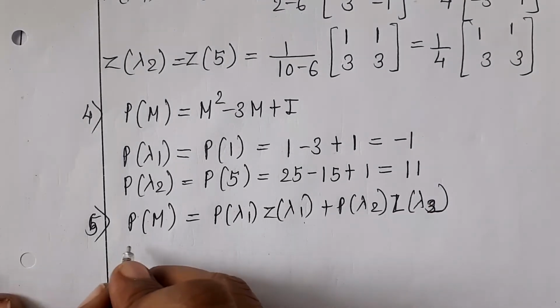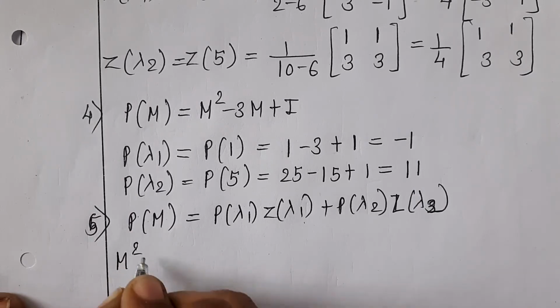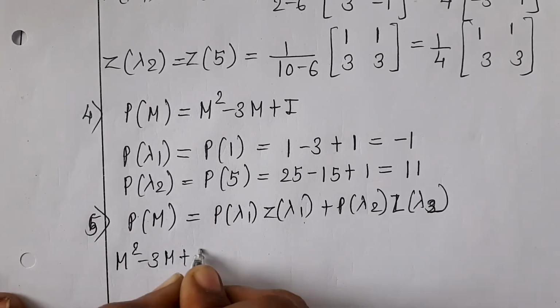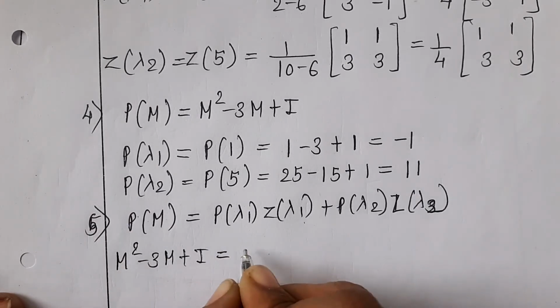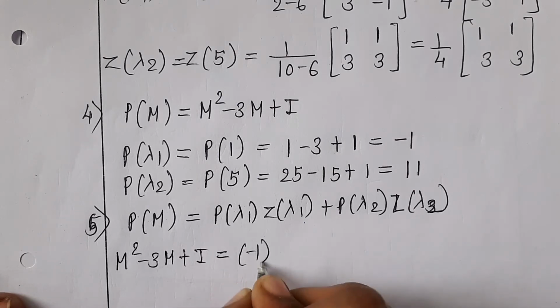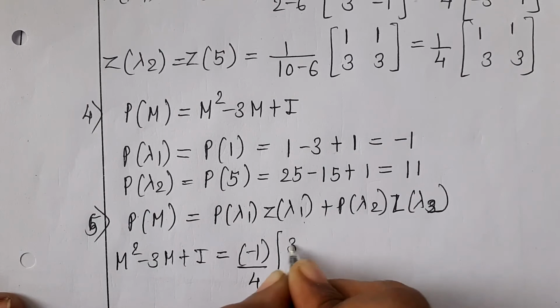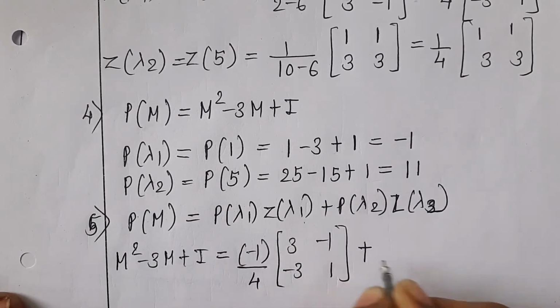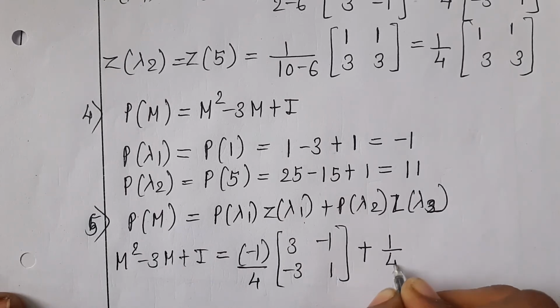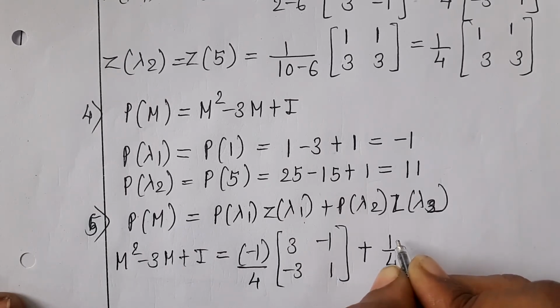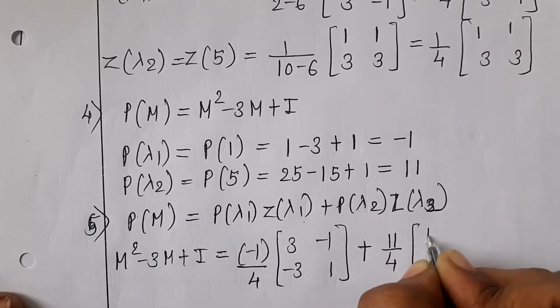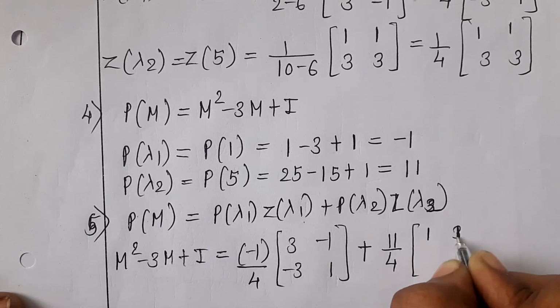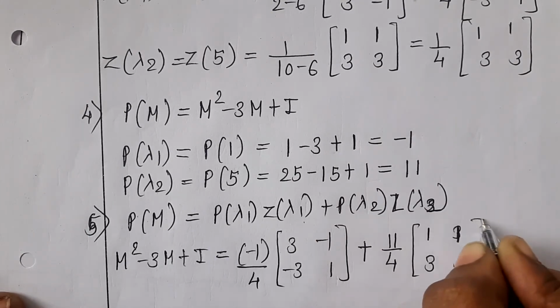Okay, so P of m is m square minus 3m plus I. It is equal to P of lambda 1, which is minus 1, times Z of lambda 1, which is 1 by 4 times the matrix 3, minus 1, minus 3, 1, plus P of lambda 2, which is 11, times 1 by 4 times the matrix 1, 1, 3, 3.